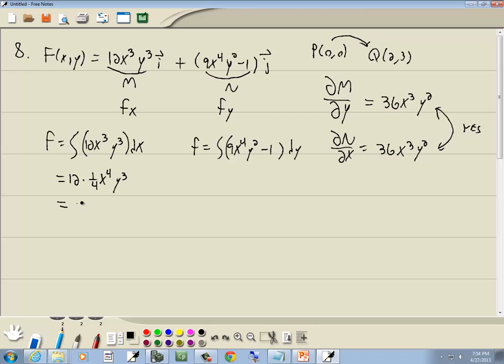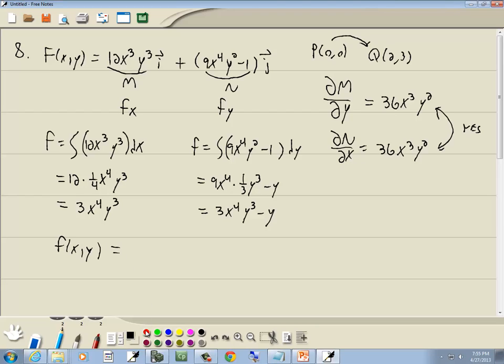Okay, the integral of x³ is 1/4 x⁴. 12 divided by 4 is 3, so we've got 3x⁴y³. Now for this one, we're going to have 9x⁴ times 1/3 y³ minus y. 9 divided by 3 is 3, so we've got 3x⁴y³ minus y. So for our potential function, we want to merge those two together.